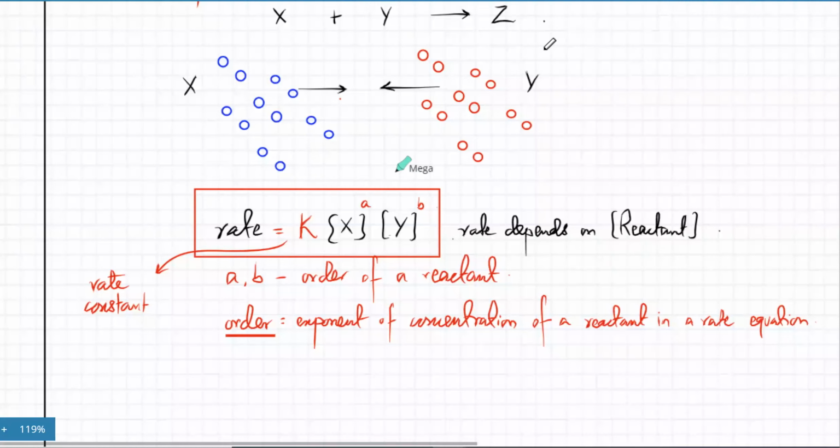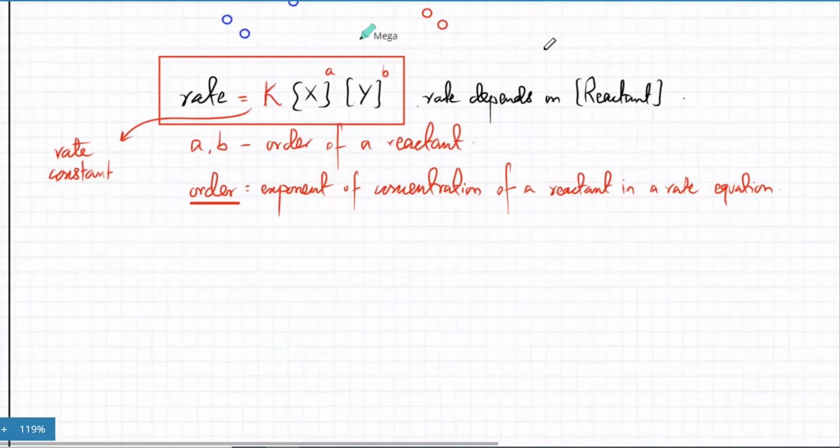So now we're going to discuss this. We know what order is, so I'm going to discuss what is meant by these powers. What if the order is 1?